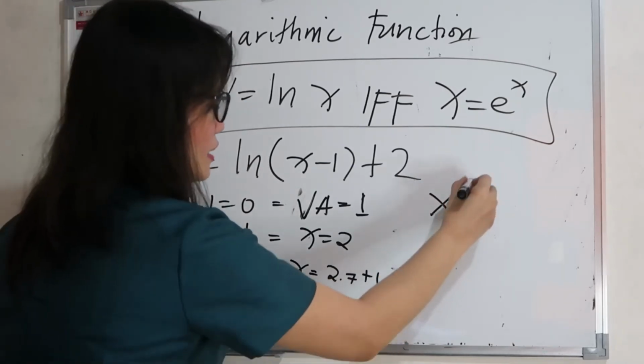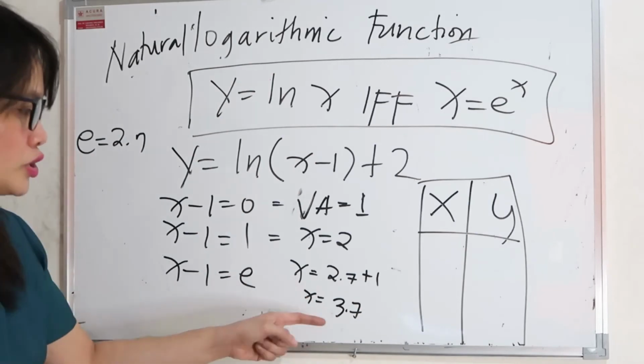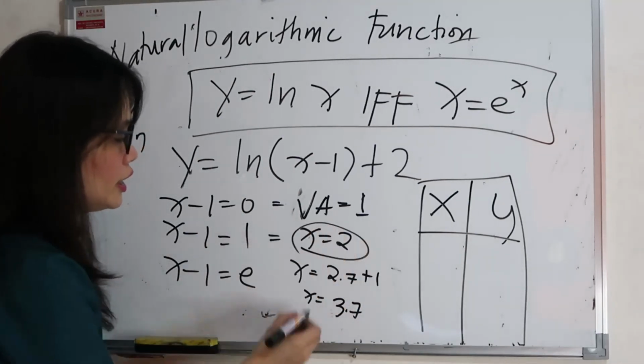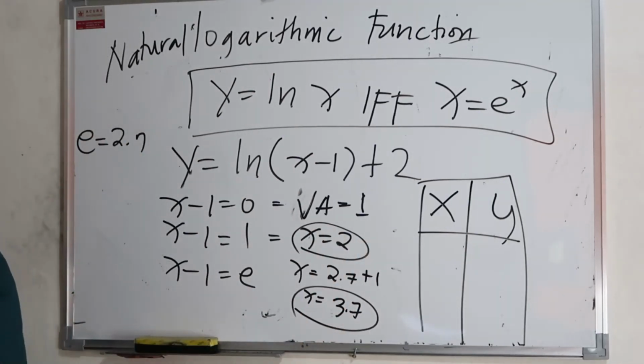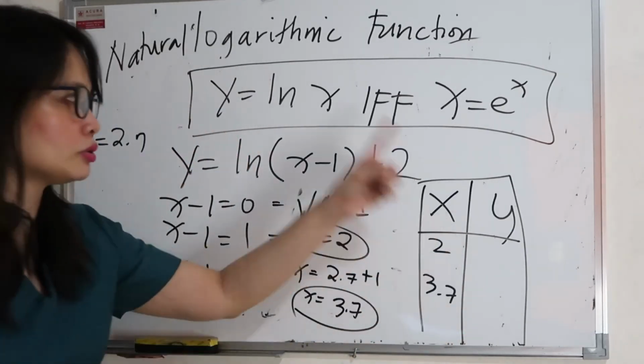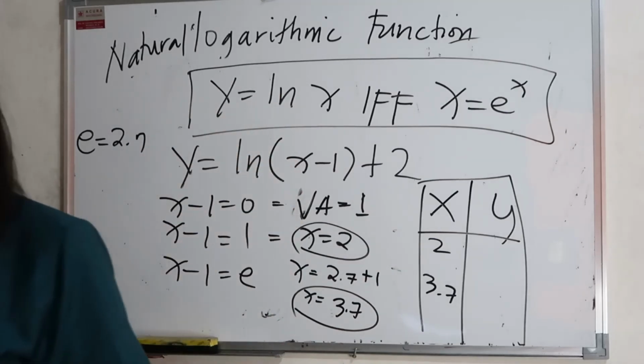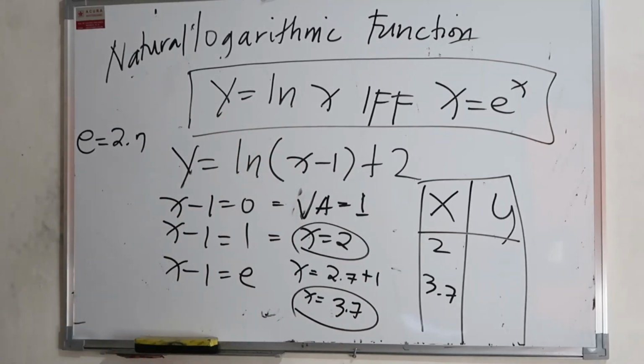So we can now assign values of y. Since we already have the values of x, which are 2 and 3.7, we can now determine the value of y. So you substitute. If x is 2, what will be the value?